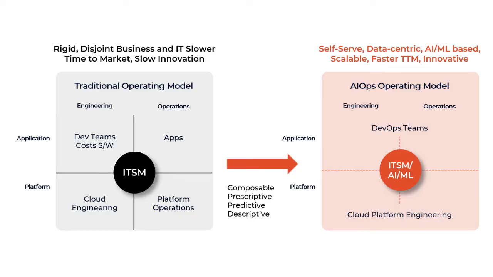If you look at how businesses have evolved to cater to this new paradigm shift, traditionally they had application teams and platform teams, and each of them had an engineering and an operational discipline. This is now evolving into a DevOps team, where the DevOps teams are responsible not just for development of the applications, but also for provisioning the applications and the required infrastructure.